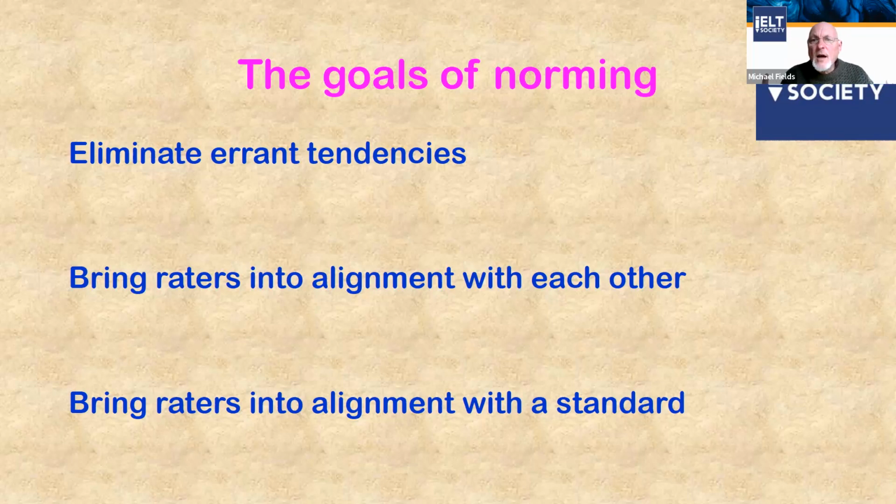So again, when we norm, we bring raters into alignment with each other. But we also bring raters into alignment with a standard. That standard, of course, is the descriptors in the rubric. And no matter where the raters are pre-norming, we hope that by norming, they come back and fall in line with that standard. So those are really the goals of norming.